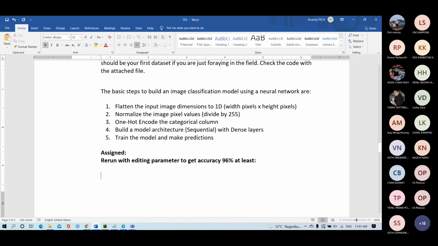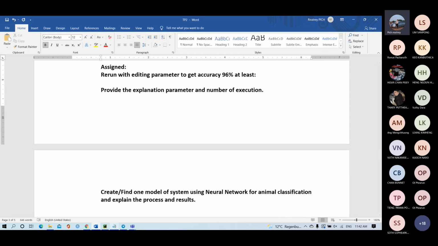And then provide explanations about the parameter and number of executions. So this is the first assignment that you have to do. And then create or find one model of system using neural network for animal classification and explain the process and result. This is your assignment.